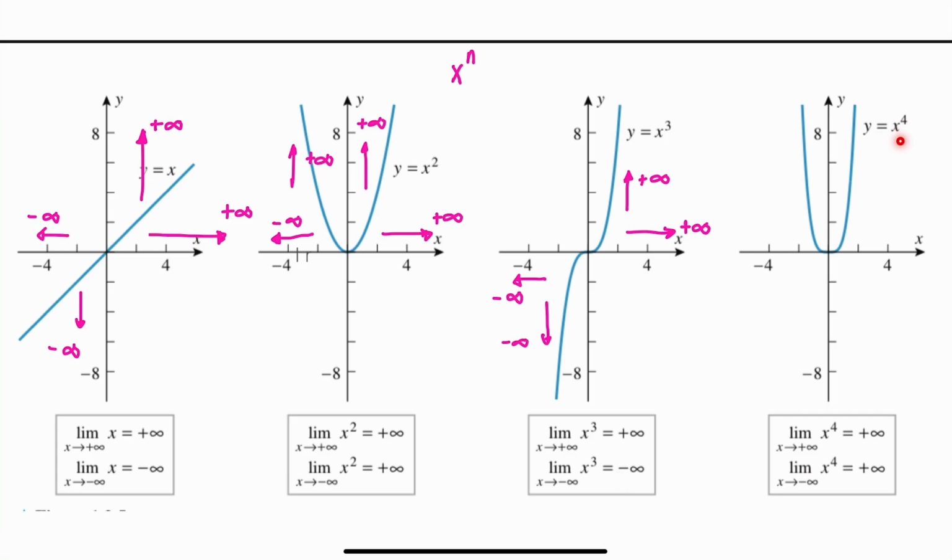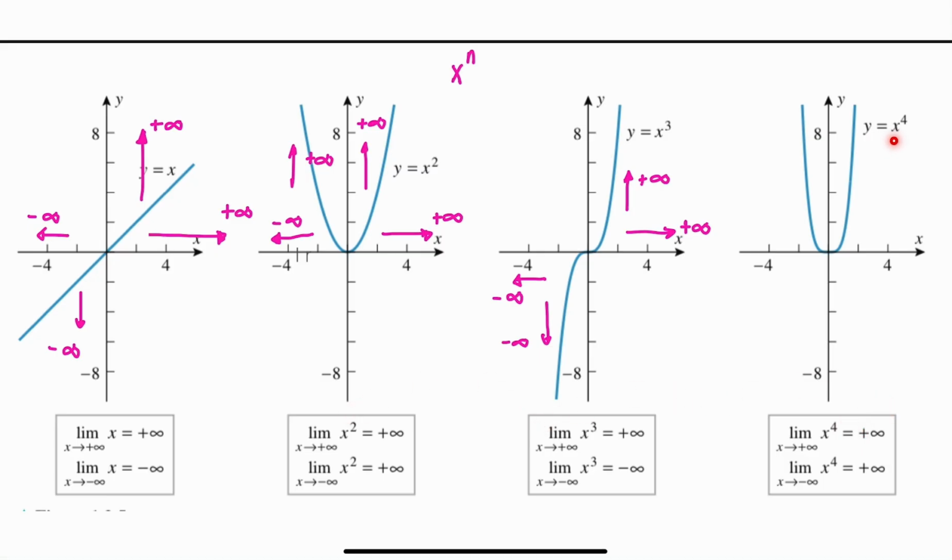For x to the power of 4, it's similar to x squared, wherein when x approaches positive infinity, y will also approach positive infinity, and when x approaches negative infinity, y will also approach positive infinity. So the pattern is actually repeating.